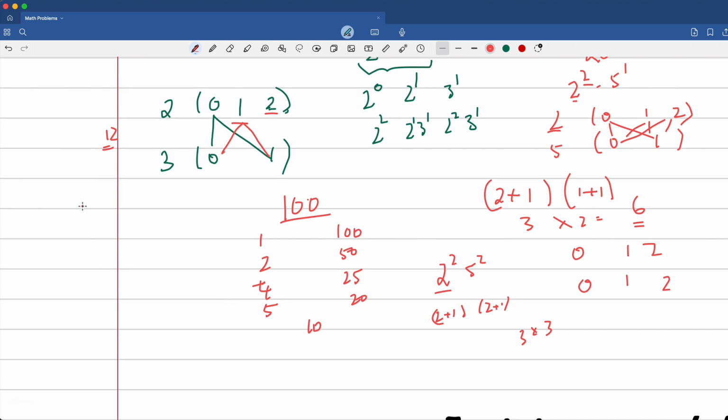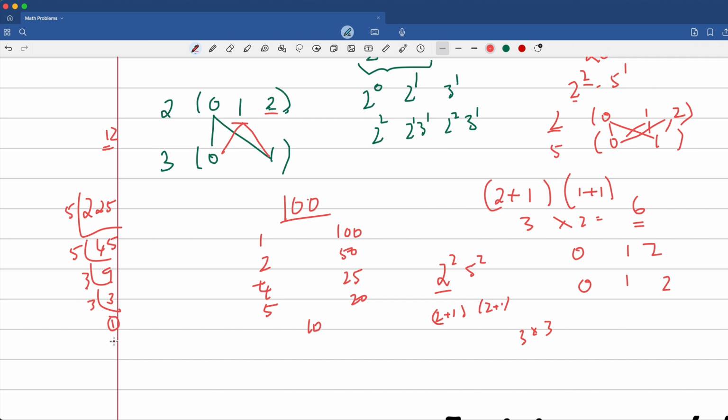Okay. So from now on, if you were to come up with a really, really large number, let's say 225, all you have to do is prime factorize it. So that's 5 into 45, and 45 is 3, 3 and 5.